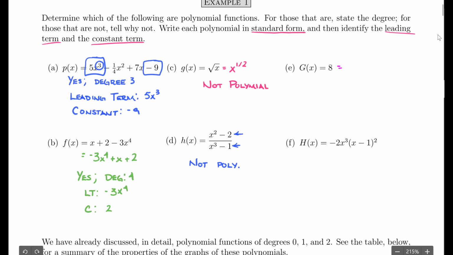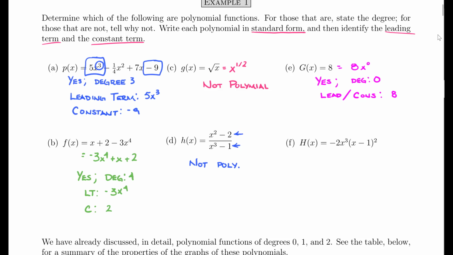We can express 8 as 8 times x to the 0 power. So yes, this is a polynomial. It has a degree of 0. The leading term and the constant both happen to be the same thing, which is just simply 8.